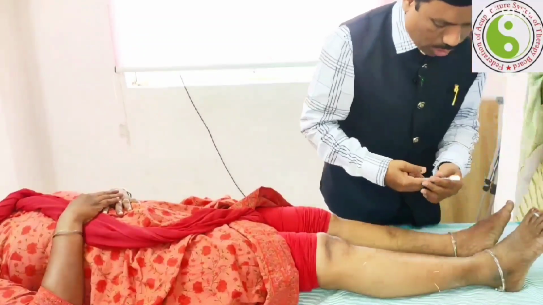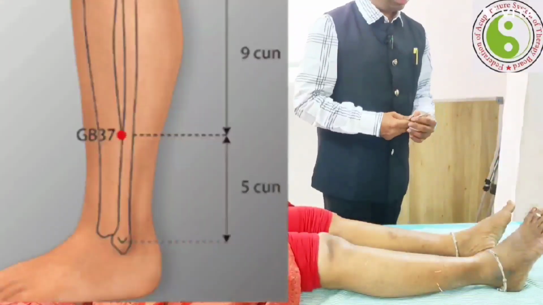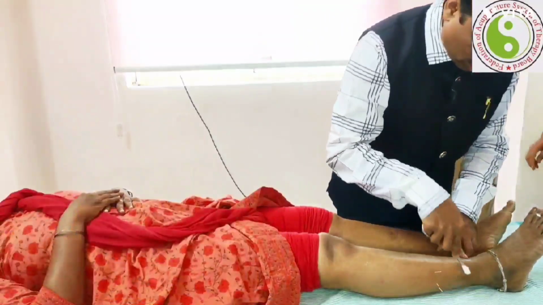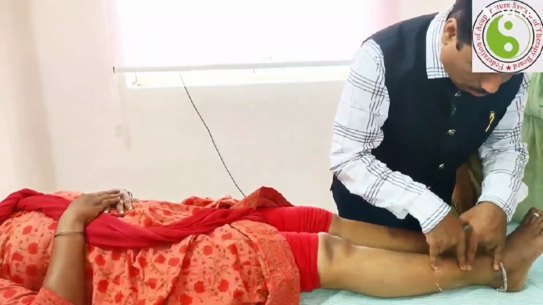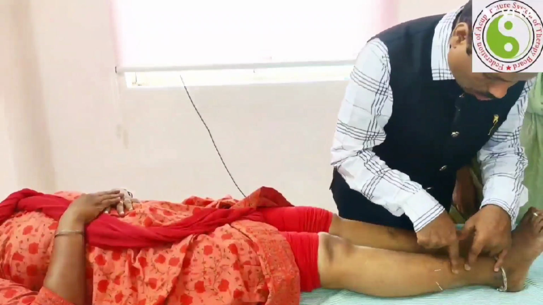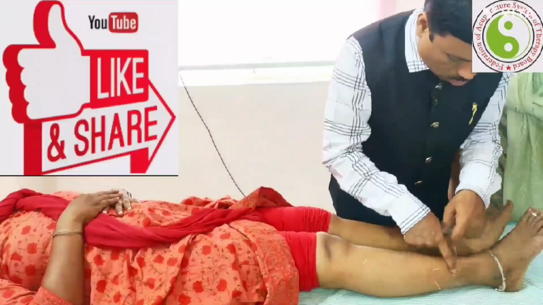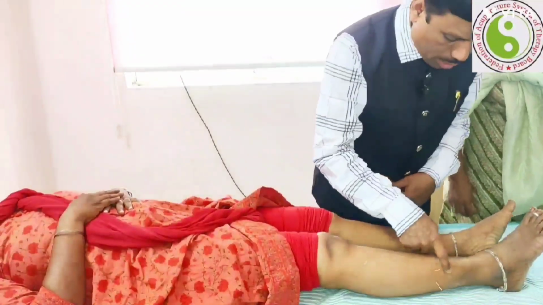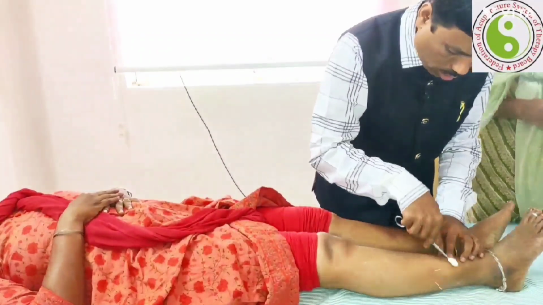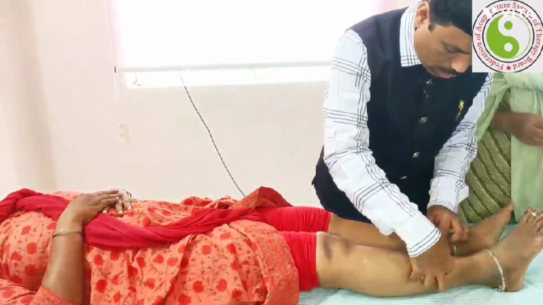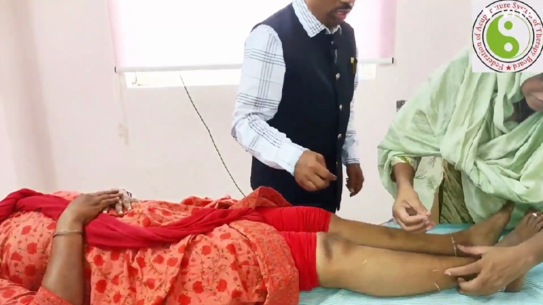Now coming to the next point, GB37, the most imperative point for day-to-day clinical practice. From here to here, this is half, you can select; this is 1 chun proximal to this, 3 chun, 4 chun above, and then plus 5 chun above. You just apply this on the anterior border of the fibula.